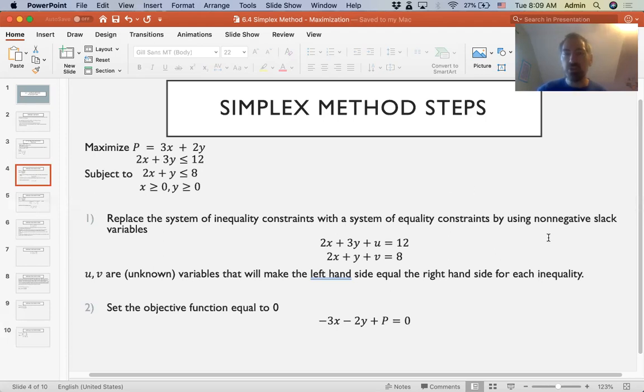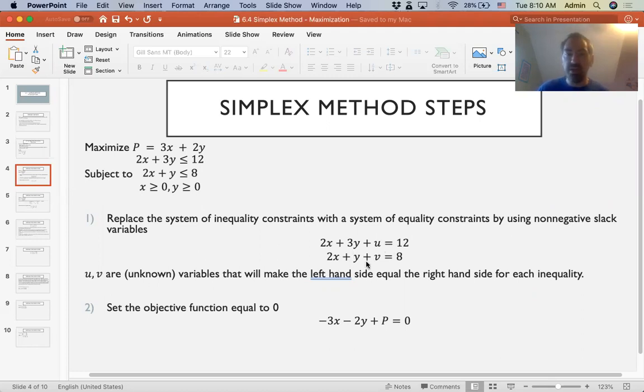We're going to refer to these somethings as slack variables. We're using these non-negative slack variables, and we're going to call them u and v. If I add u, which is some unknown number, but it's the right number that forces equality, now 2x plus 3y plus u is equal to 12.